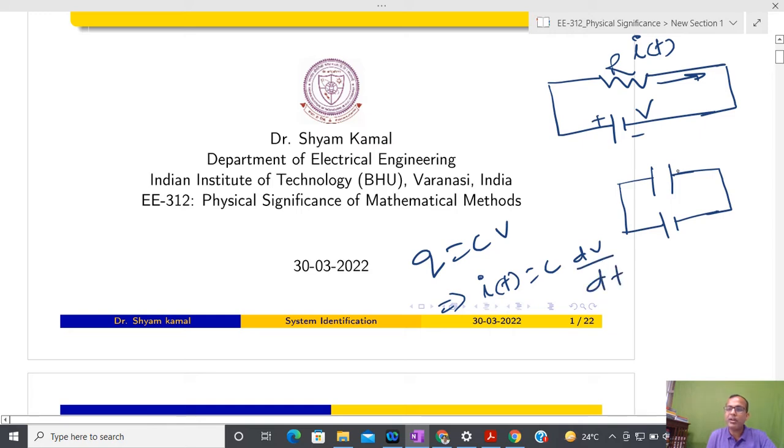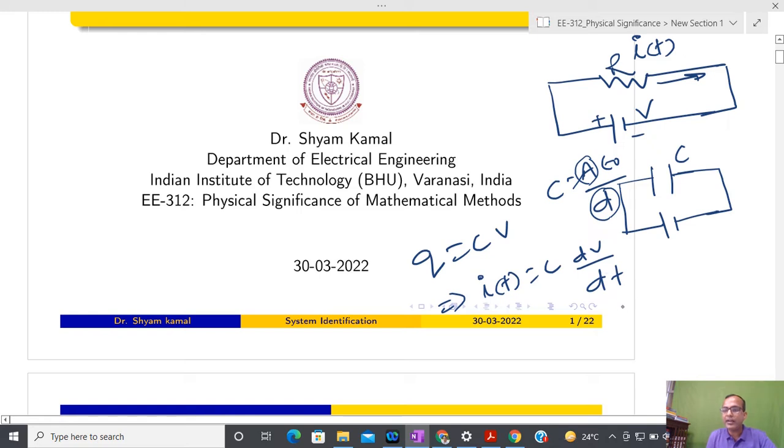Again I am assuming that whatever capacitance I am taking is constant here. If the area or distance is changing, then the capacitance can vary. I am assuming that it is constant, and due to that reason I am able to write like this.